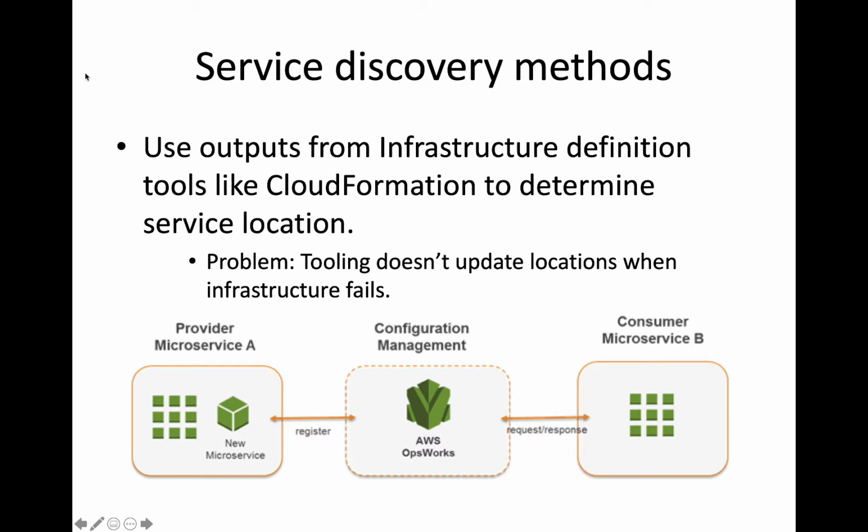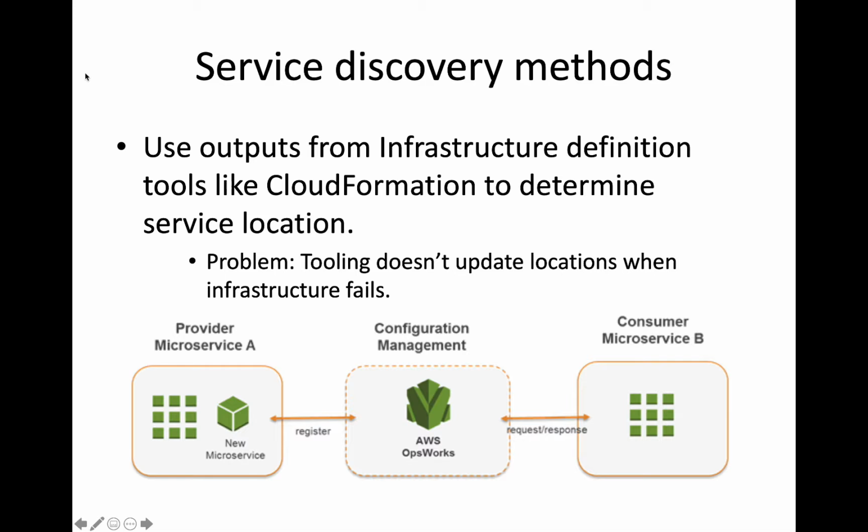Well, the problem with this sort of method is that you can't dynamically update the service discovery information when infrastructure fails. So the location of the database server is going to be correct at the time the CloudFormation stack was launched.